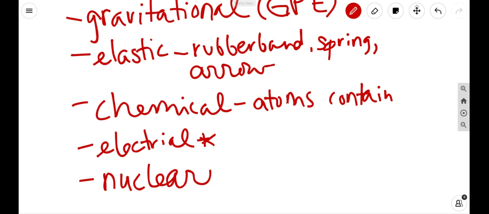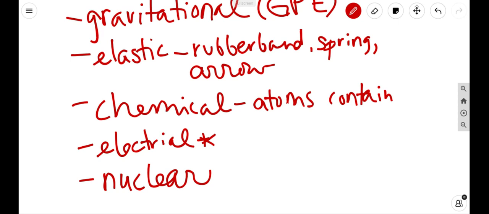What we're going to do today in your lesson is you're going to watch a Wile E. Coyote and Roadrunner cartoon, and you are going to list and try to find examples. Maybe there's examples for all of them, maybe there's not. You're going to try and find an example for each type of energy. Maybe I already gave you the hint.